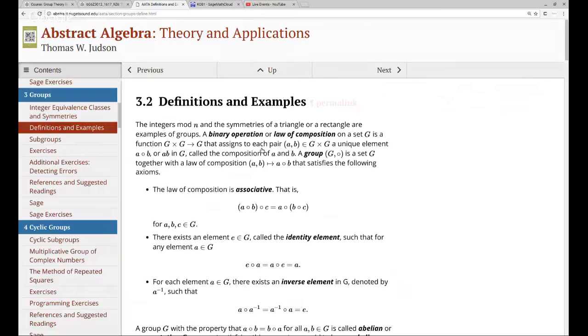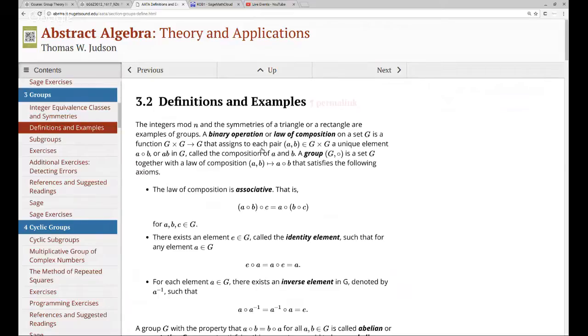Now the universe of examples of that kind of thing, a set with an operation on it, is vast, huge. We want to restrict it a little bit. We want to only study situations where we see a certain type of pattern occur, if you like, a certain level of nice behavior of the operation on the set.